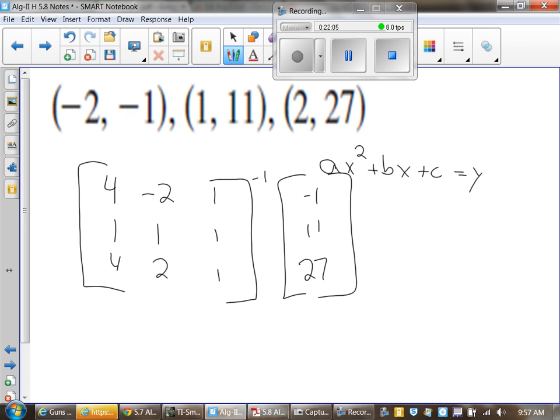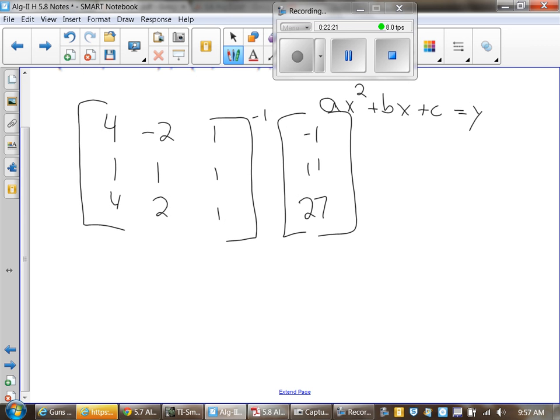If you're doing it with a set of ordered pairs, with all 3 points, square the x values down the first column, the x value is the second one, and 1's the third. Inverse it times your column of y's. Bada bing, bada boom, and you got 3, 7, 1. So it's 3x squared plus 7x plus 1. And there's your answer.